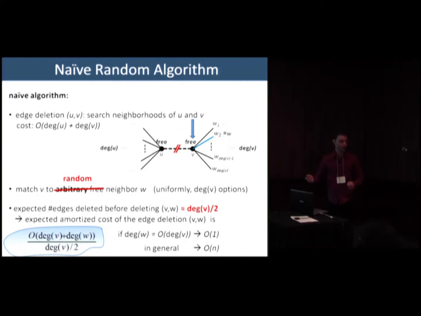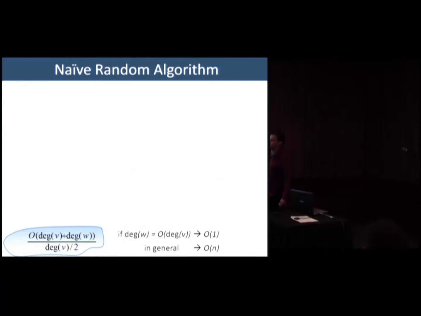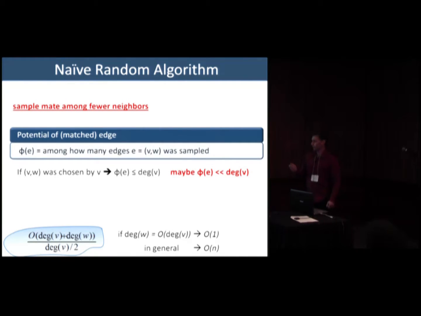Okay, so what we are going to do is focus on a subset of the neighbors. We're going to sample from fewer neighbors, not all of them. Let's define for every matched edge e a certain potential value, phi of e. It simply states among how many edges we sampled this edge.